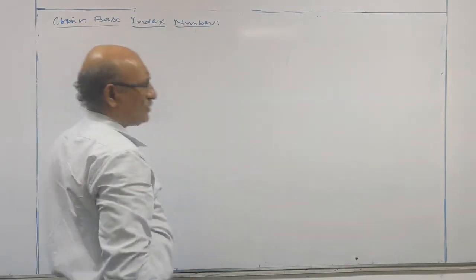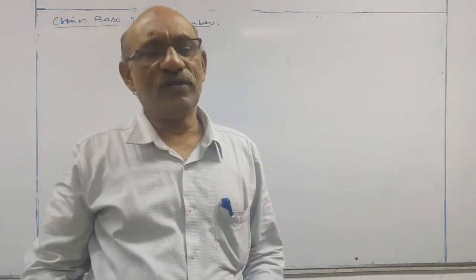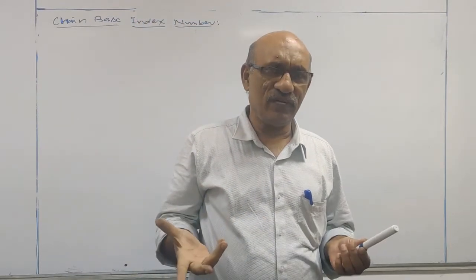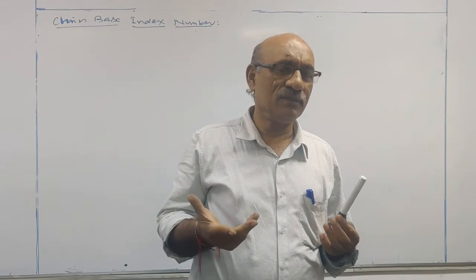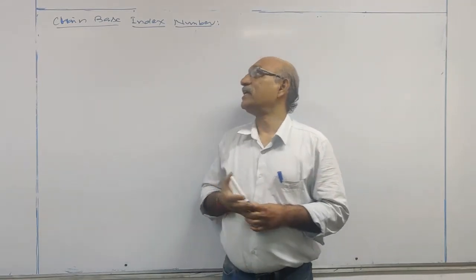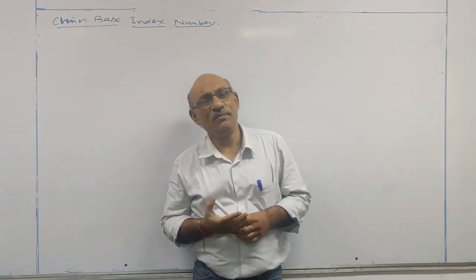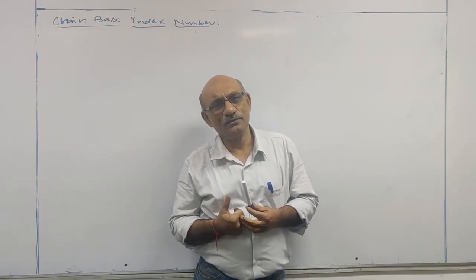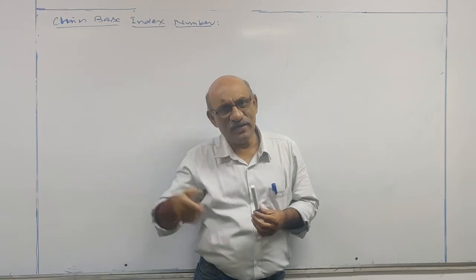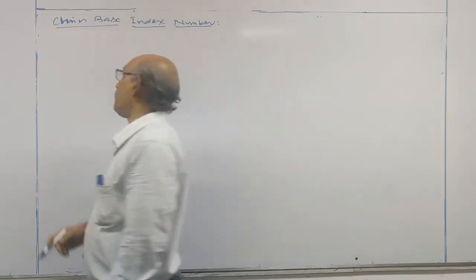Now in fixed base index numbers, base year is fixed. In chain based index numbers, base year is not fixed. When you construct index numbers by the chain based method, the previous year is taken as base year, which means the base year will change every time. So what is the process?